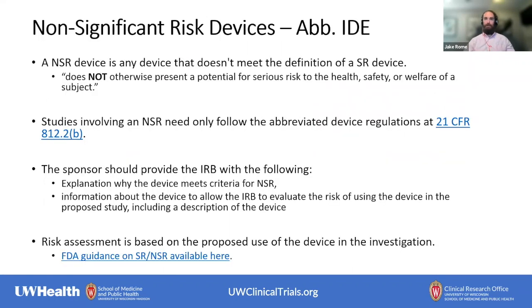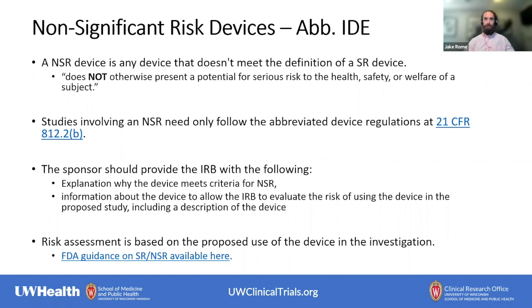So if something doesn't meet the definition of a significant risk device, then it likely meets the definition of a non-significant risk device. As noted here, it's something that does not otherwise present a potential for serious risk to health, safety, or welfare of a subject, in which case you would only be subject to what the FDA describes as the abbreviated IDE requirements. You wouldn't need to submit anything to the FDA before you went and implemented the device.